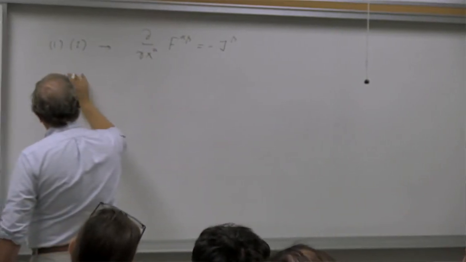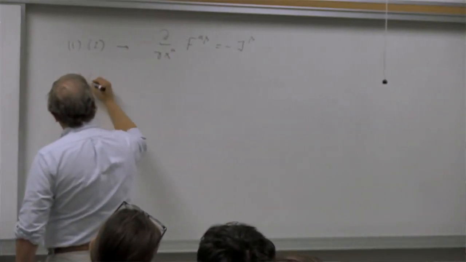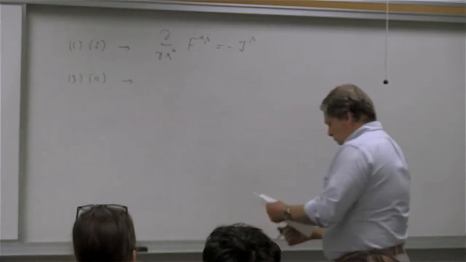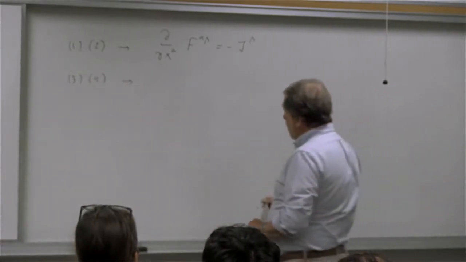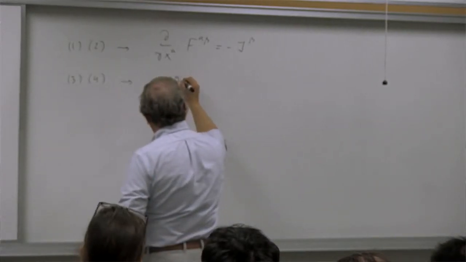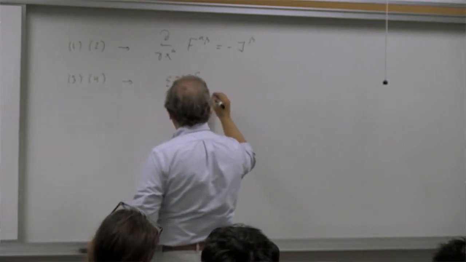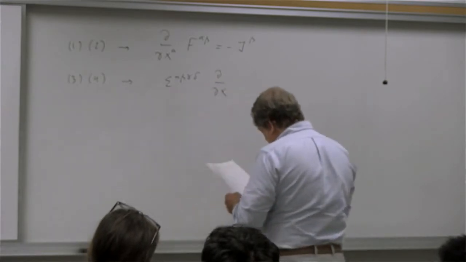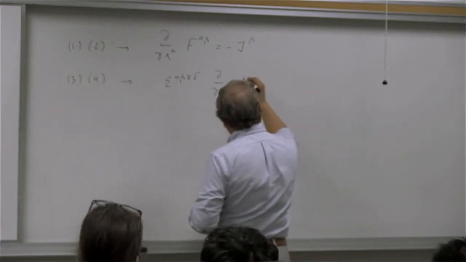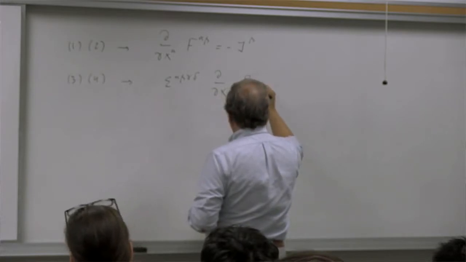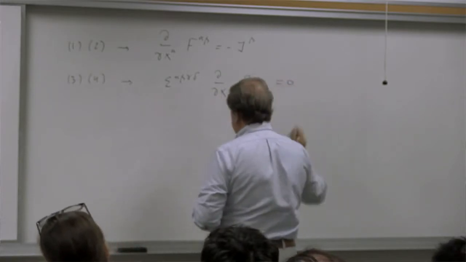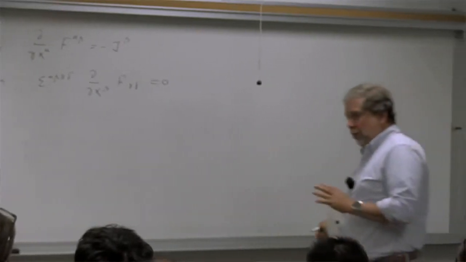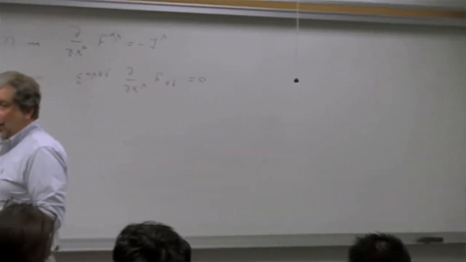And 3 and 4 should give something that is equally simple. And in fact it is, because they give epsilon alpha beta gamma delta d by dx beta F gamma delta is equal to 0. Again, I'll leave that as an exercise for you to be convinced that this is indeed the case.